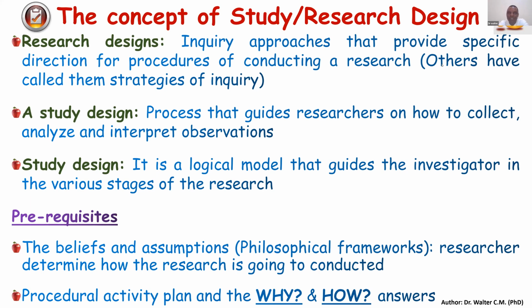The reason is that my philosophical underpinning for this study is that I believe this is happening because of reasons one, two, three, four. If we have those answers to why you are opting for this study design, you will be in a position to state that this study fits a cross-sectional design or a quasi-experimental design.